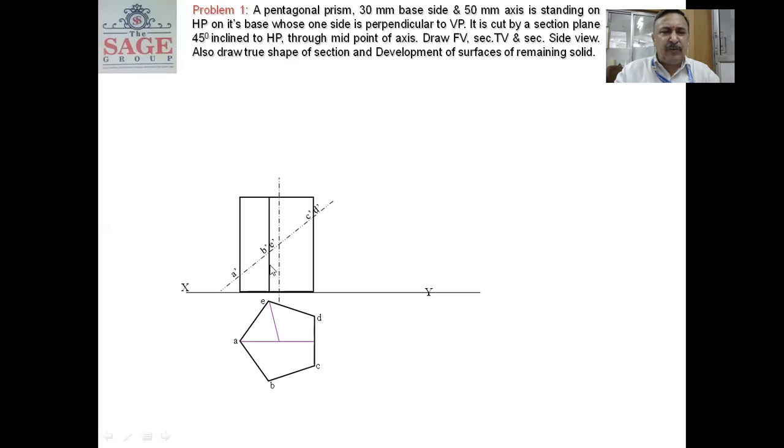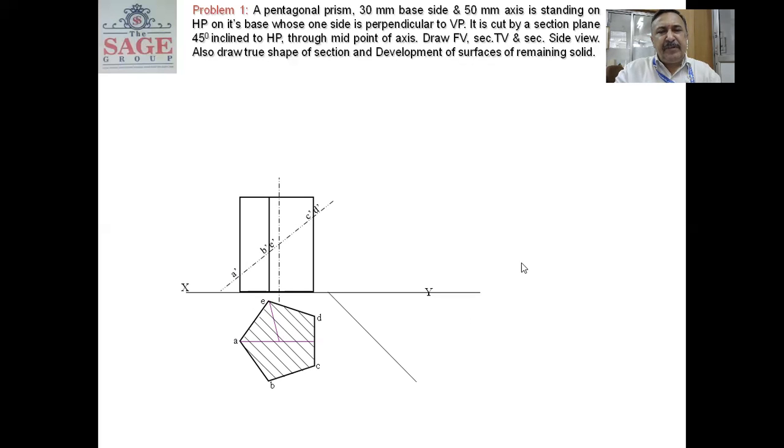And this also represents two sides. So one more point here, that is E dash. So 1, 2, 3, 4, and 5. Five points have come. Now from these points, if we draw the projectors, we get our sectional top view. So this is our sectional top view.